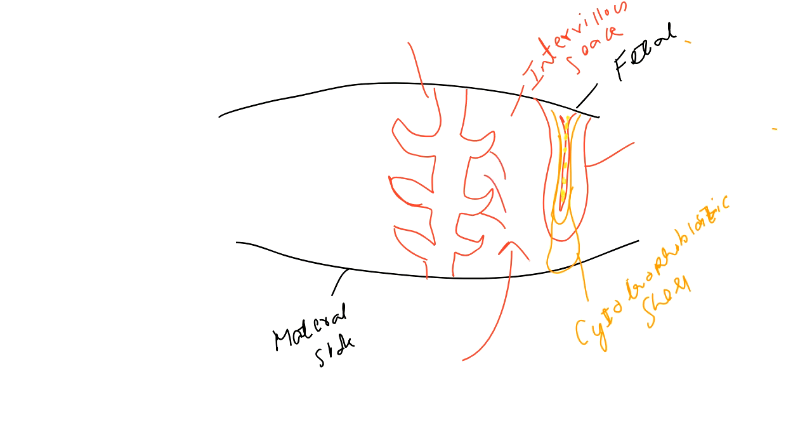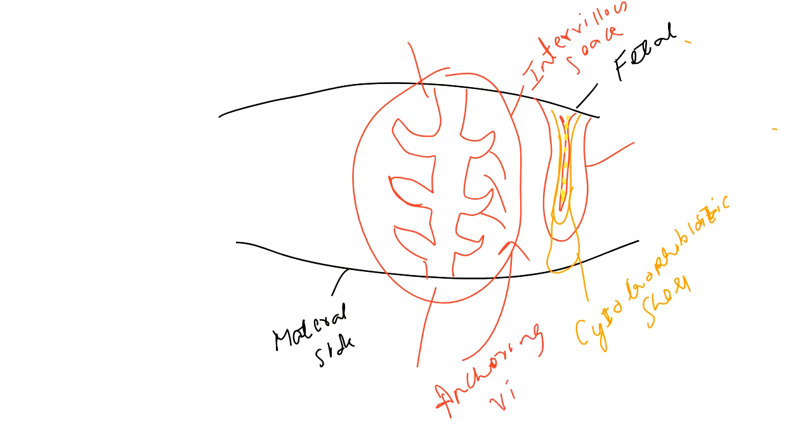So this is called anchoring villi. It anchors between the chorionic plate and the maternal side. And now you know what is cytotrophoblastic shell. Clear? Okay. Let us go back to our slide where we left.